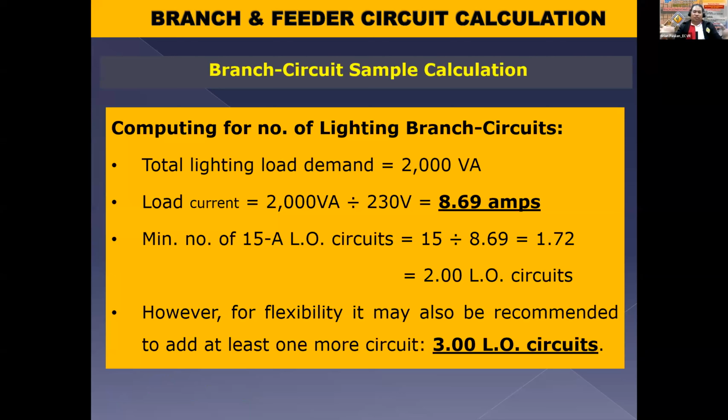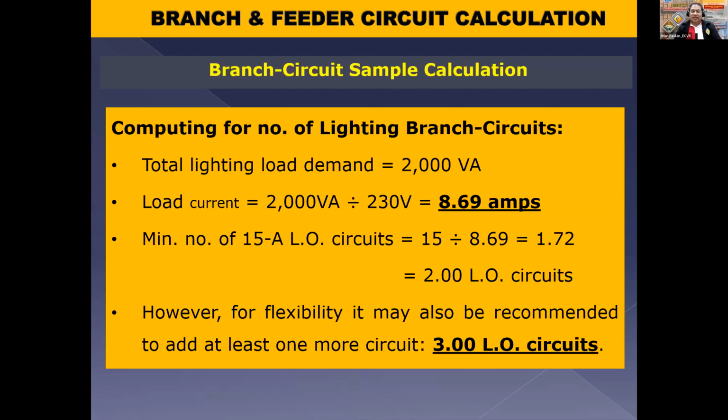If we are going to specify a 15 ampere lighting outlet circuit, how many lighting circuits do we need? Keep in mind that we cannot load it beyond 80%. So we divide the 8.69 amperes total demand current by 15 amperes. How many circuits? 1.72 circuits.